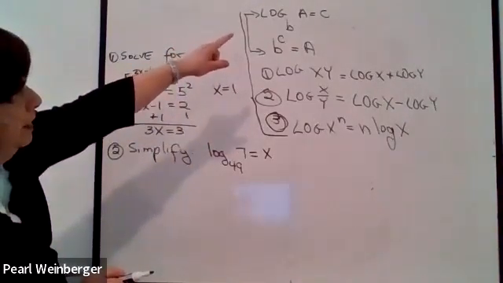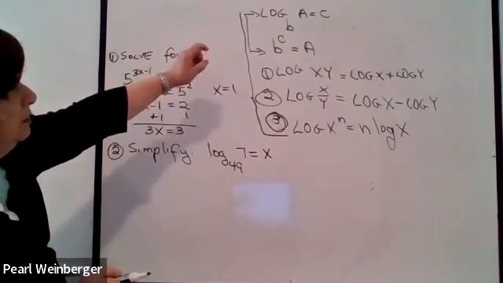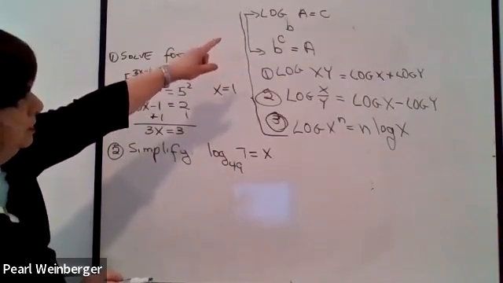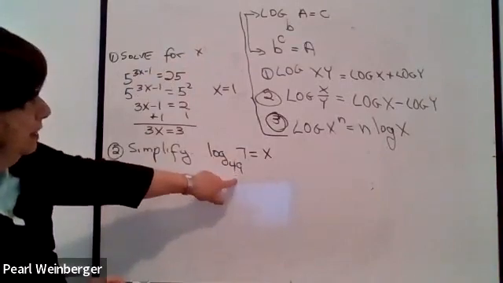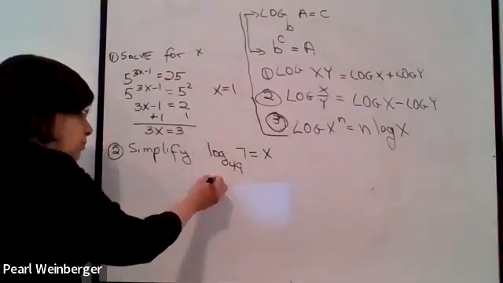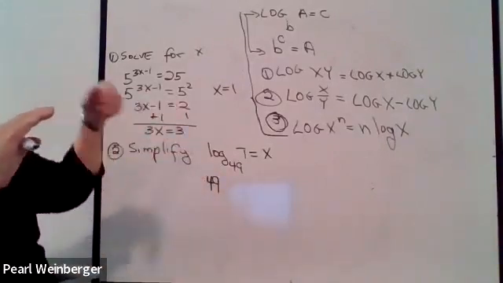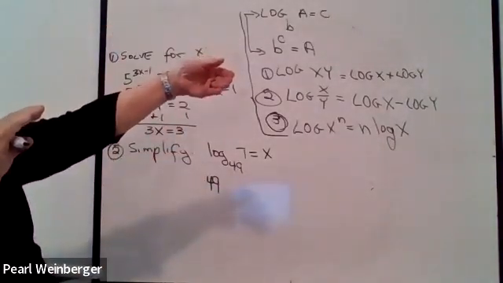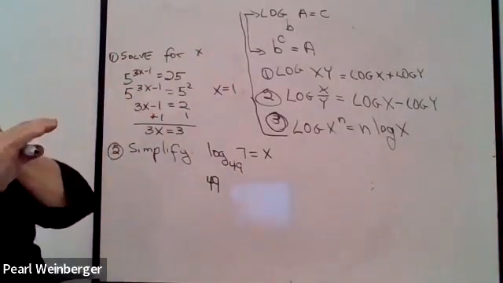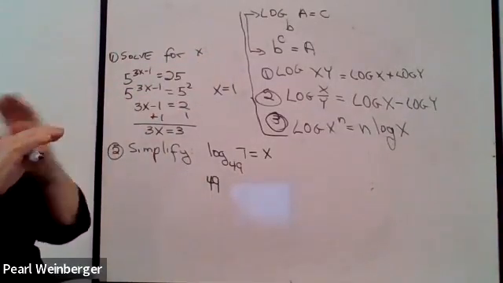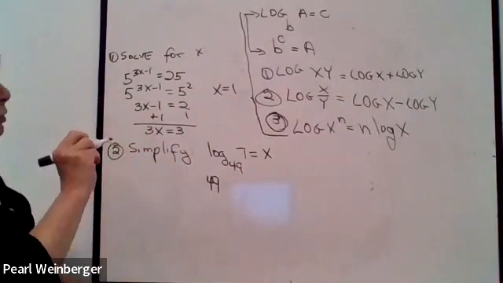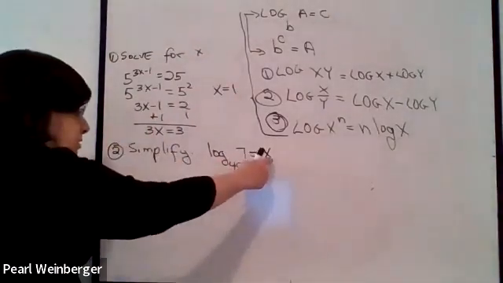Log base b of a equals c is equivalent to b to the c equals a. The base is b, the subscript is the base. So in this case, the base is going to be 49. The exponent is the number that's on the other side of the equal sign, what the logarithm is equal to. In this case, what's on the other side is an x.